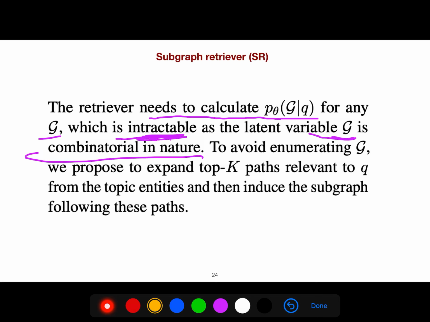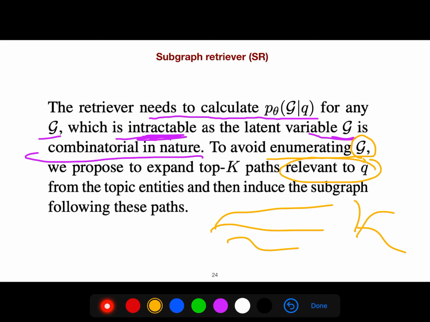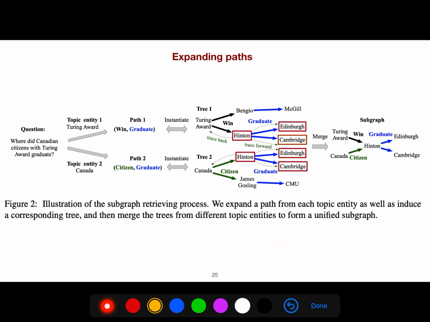And so to avoid this enumerating problem of this graph G, we expand top K paths. But they are relevant to our question. So we enumerate all of these paths. And so we induce the subgraph using these paths because we only care about these paths among all paths of the graph that you could imagine. So we are now expanding paths.